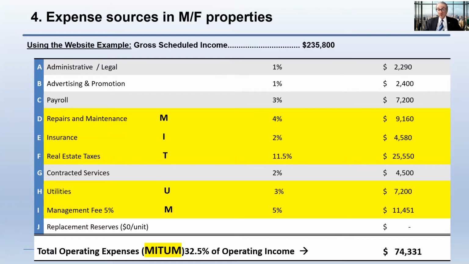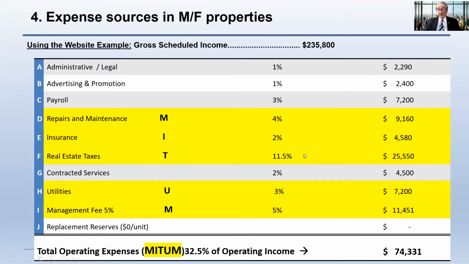If any of these items is not present, that means something is wrong. And the biggest item, as we see, is the property taxes. Look at this, in this case, from the website, it is around 12%. It is more than one third of it.